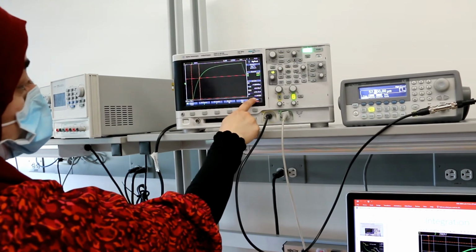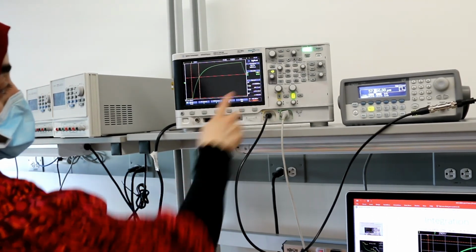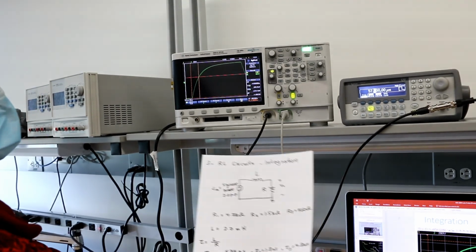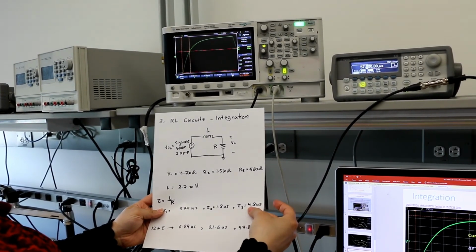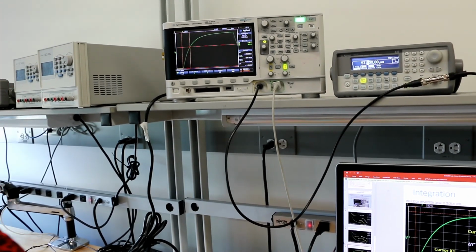Now delta Y equals 1.05 and delta X is tau, which is 4.55, and the expected tau for this circuit is 4.8. That's it for the third part of this lab.